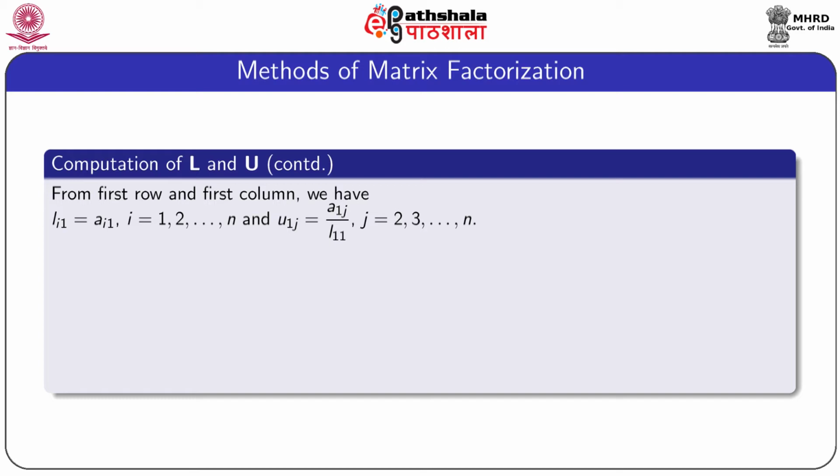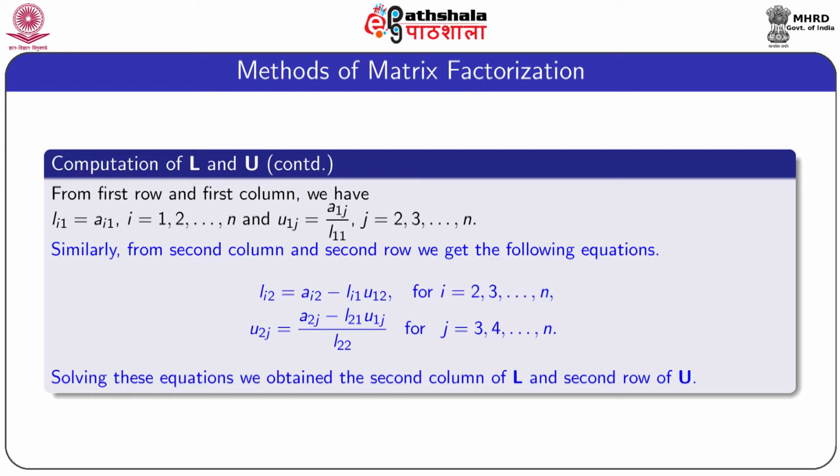That means from first column we have Li1 equal to Ai1 for all i equal to 1 to n, and from first row we have U1j equal to A1j by L11 for all j equal to 2 to n.